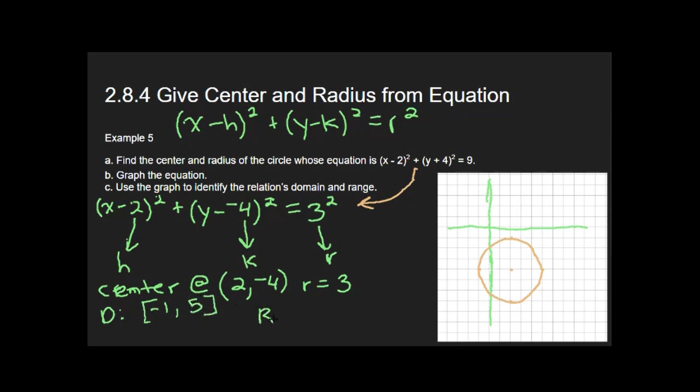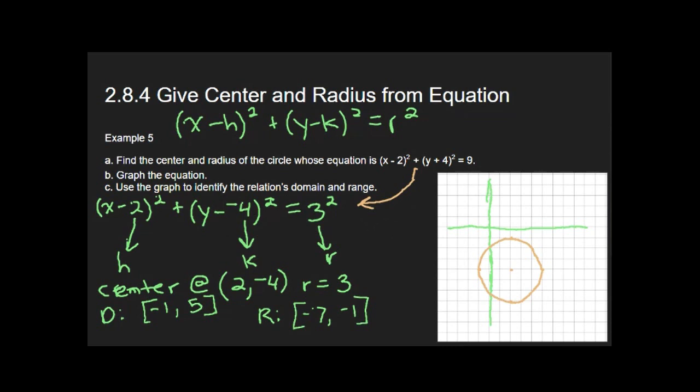And the range is every value, start with the most negative, every value 1, 2, 3, 4, 5, 6, 7, -7 inclusive, all the way up to -1 inclusive. So that is how you find the domain and the range of a circle from the graph, when you are given the equation.